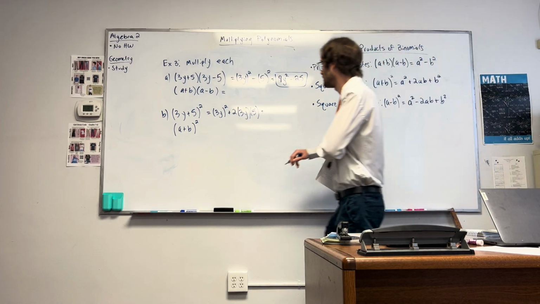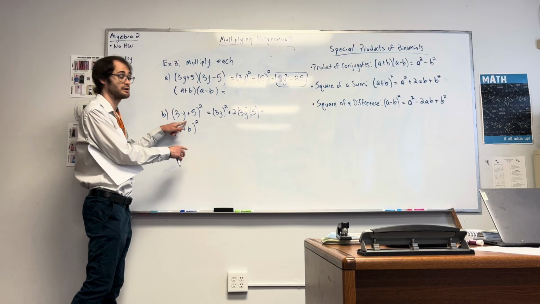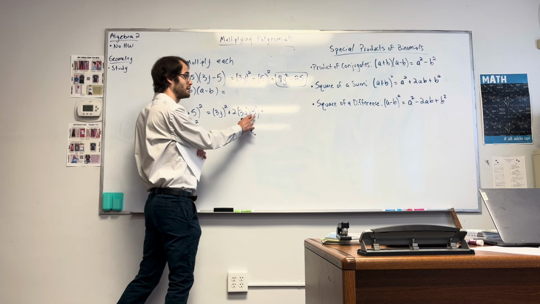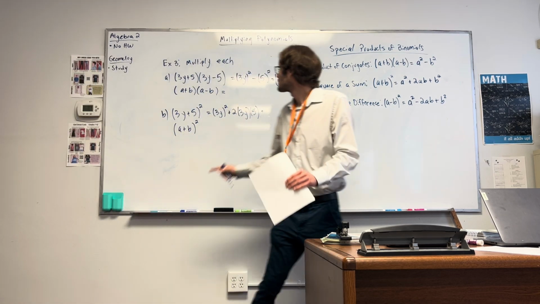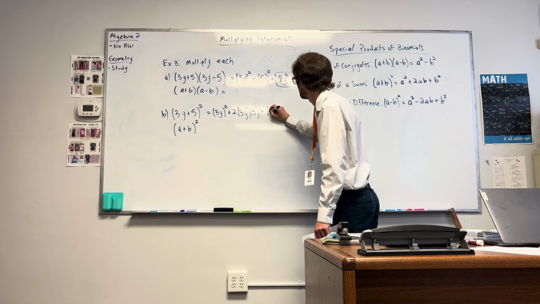That's what the formula is. In this problem, a is 3y, b is 5. So instead of a, b here, I've got 3y and 5. Our last term here, the b squared, that would just be plus 5 squared.